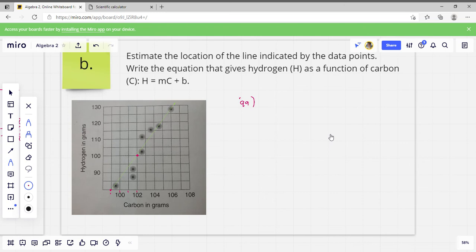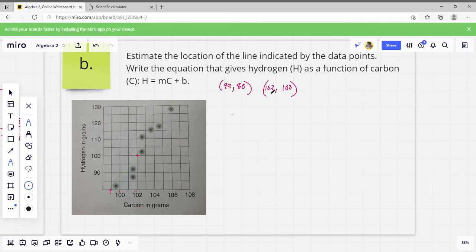And let's see. Okay, so I've got coordinates of 99, and my y would be 80. Okay, and then I've got a coordinate of 102 and 100.